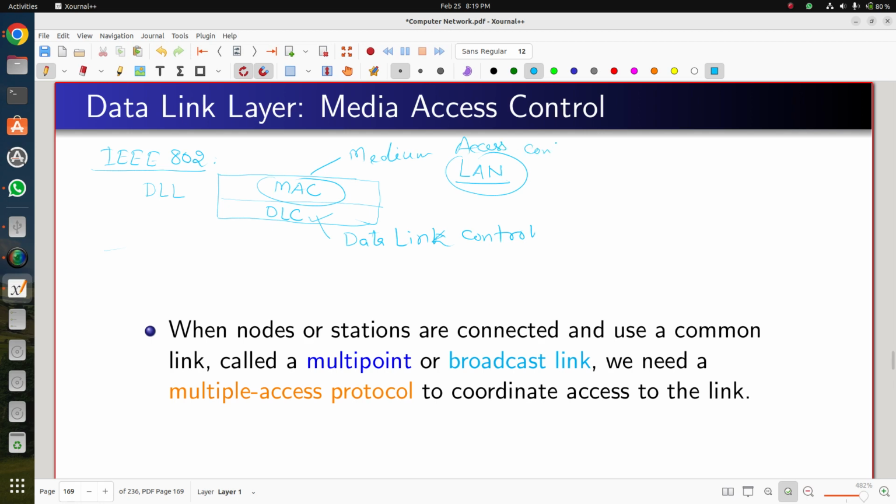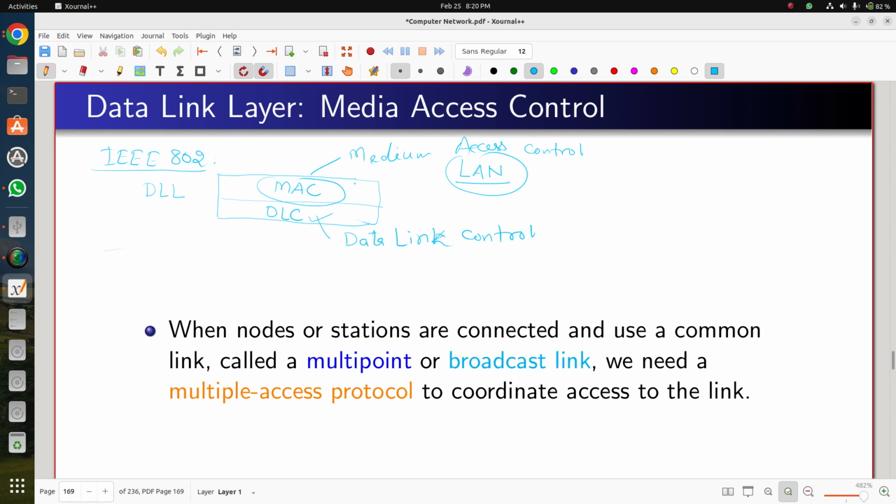Usually, whatever LAN technology you are using, this part is common to all of them. So the common part is added into this link layer, called data link control, and usually in different LANs the MAC is different. This layer varies across different LANs.